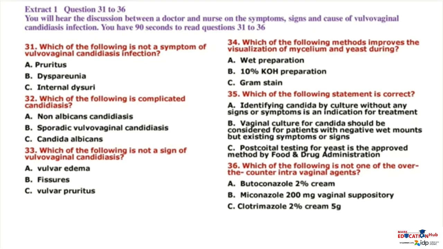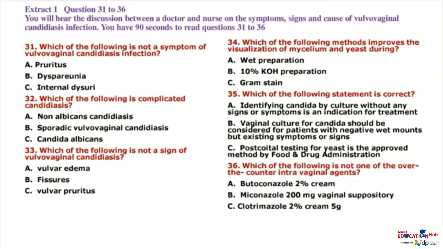About 10 to 20% of women will have complicated vulvovaginal candidiasis, requiring special diagnostic and therapeutic considerations. Types of uncomplicated vulvovaginal candidiasis are sporadic or infrequent vulvovaginal candidiasis, mild to moderate vulvovaginal candidiasis, likely to be Candida albicans, or in non-immunocompromised women.